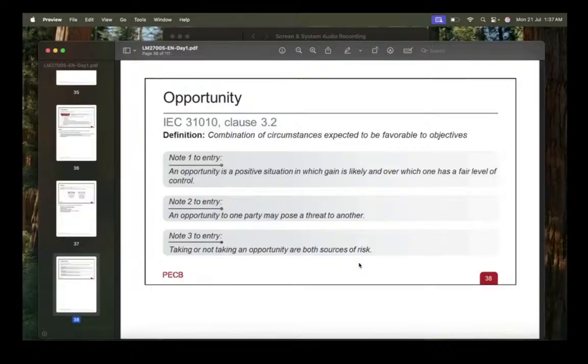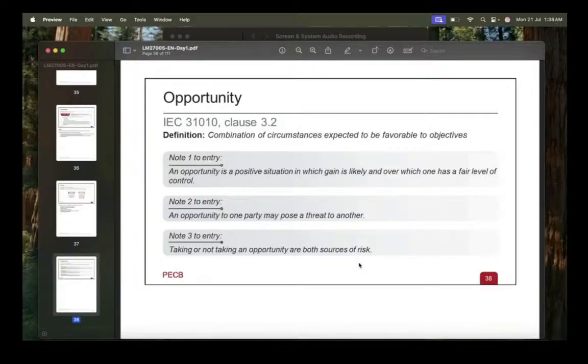This is taken from the IEC 31010 clause 3.2. What is opportunity? Opportunity is when something is favorable to the objective. Basically, it is a combination of circumstances expected to be favorable to objectives. You can see notes here for that.